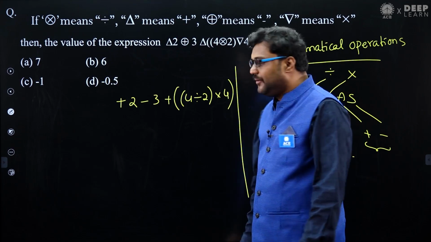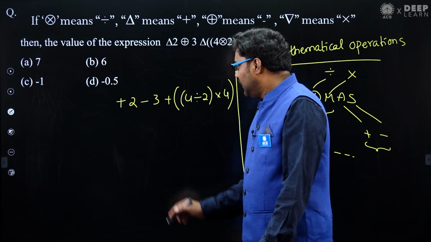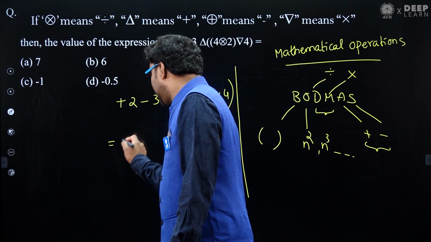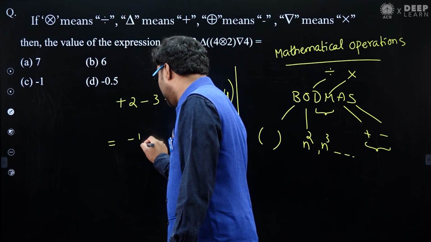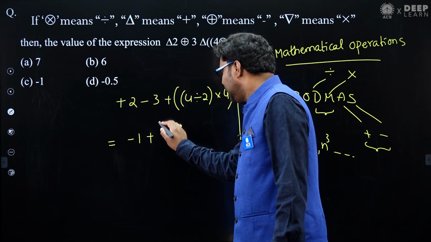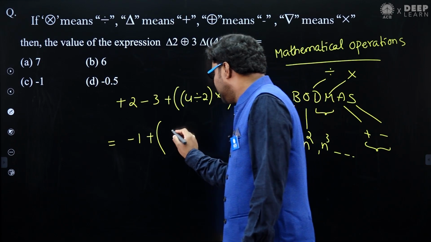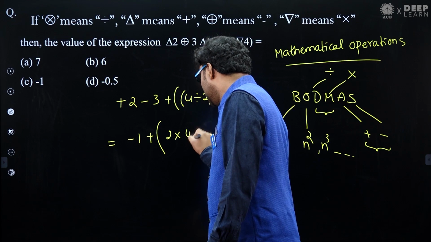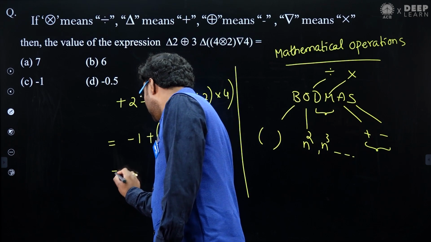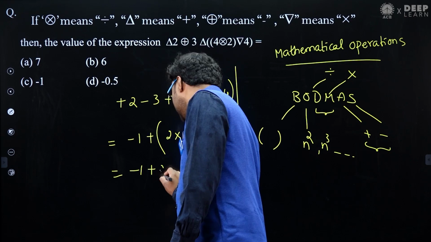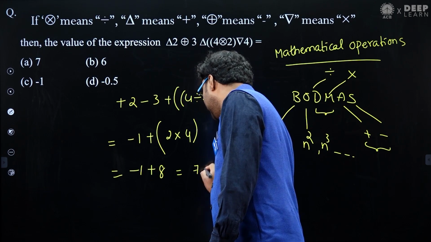As this is outside the brackets, plus 2 minus 3 means minus 1. Inside the brackets, first we perform the division. 4 divided by 2 is 2. Then you get minus 1 plus 8, which is nothing but 7.